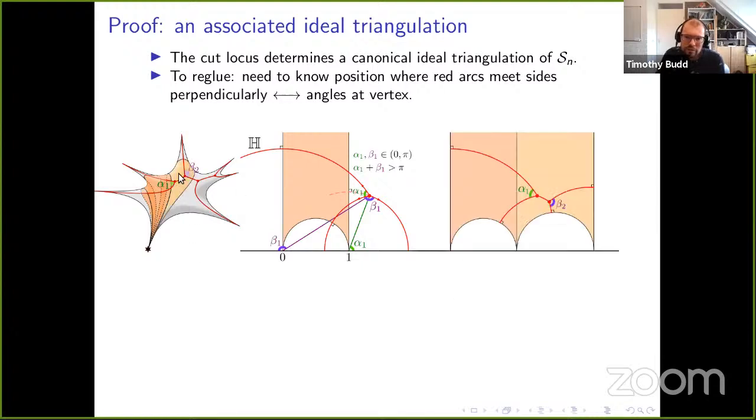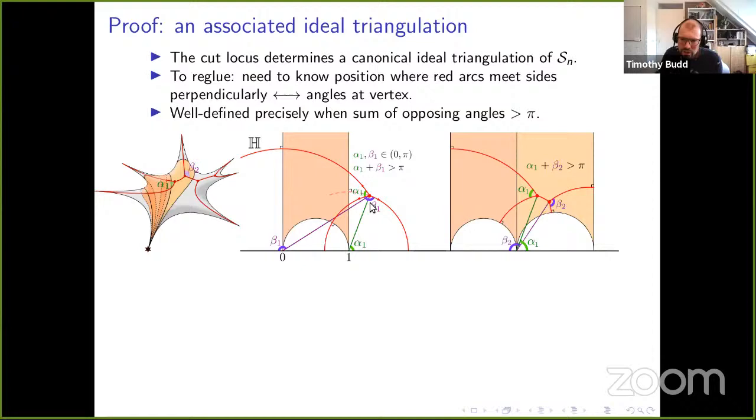Well, if I look at how two neighboring triangles are glued to each other, I have to take this picture and glue it to its neighboring triangle. But I have to avoid that the center of this triangle clashes with the center of the other triangle. Because if this vertex here would be to the right of this vertex there, then this edge would simply not exist. And we have to ensure that it does exist.